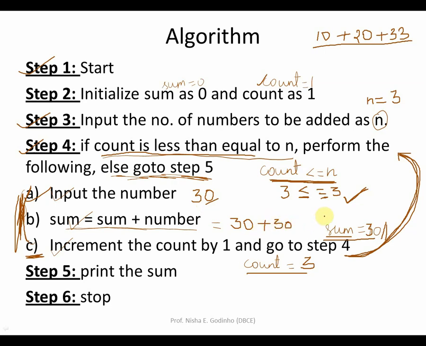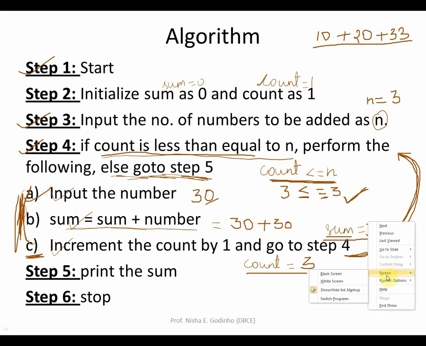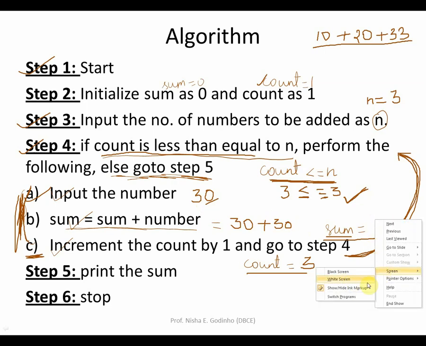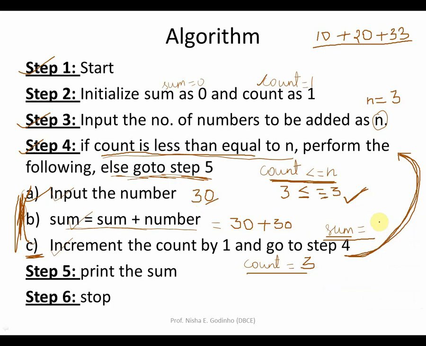Okay, so 30 plus 30 is 60. Let's update this sum value. So sum is 60. So sum variable takes a value of 60 now.